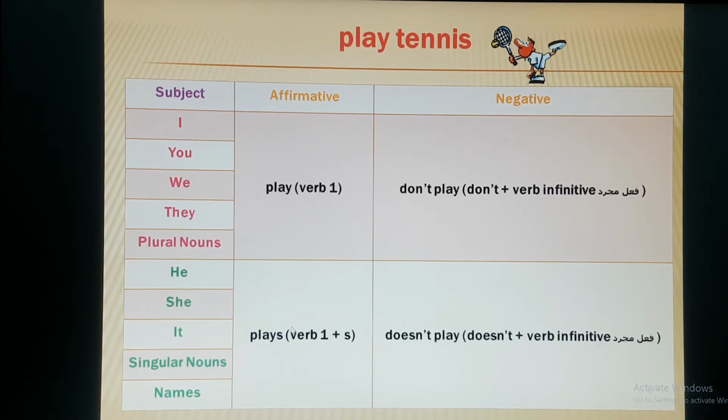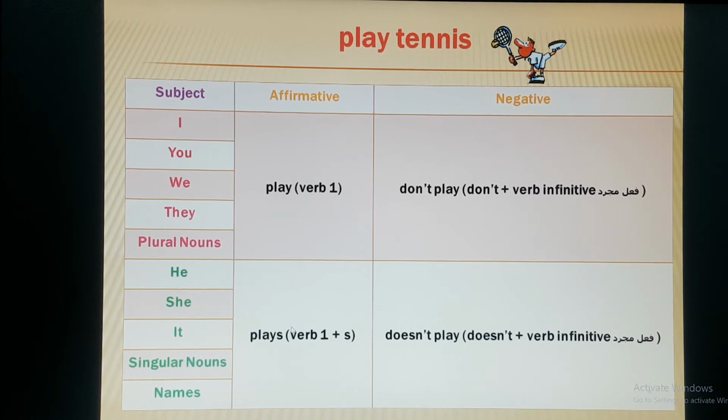إذا نحطوها قاعدة. إذا subject I, you, we, they, plural nouns in the affirmative إذا كانت الجملة مثبتة بنحط فعل عادي without s without ing without ed. إذا كانت الجملة منفية negative we use don't، بنستخدم don't للنفي وبعد don't فعل مجرد verb infinitive.